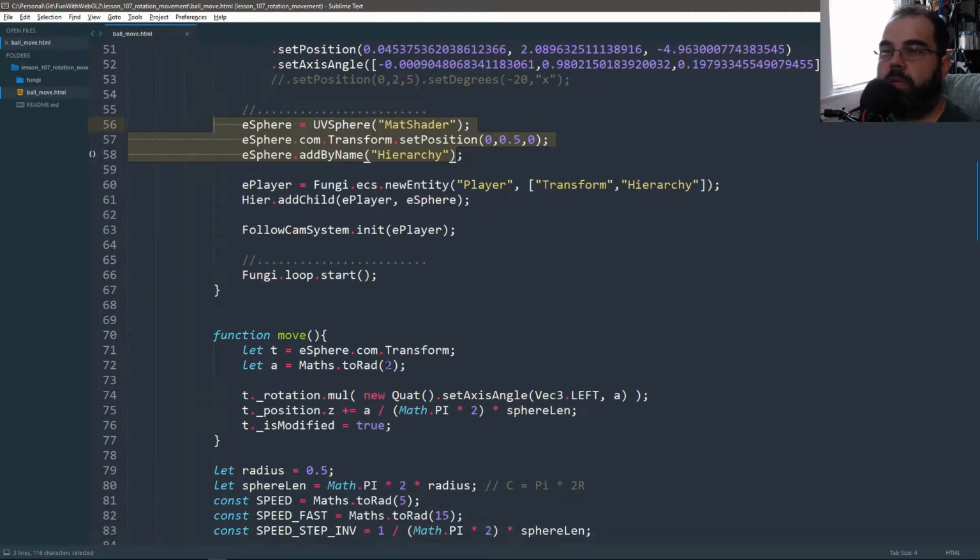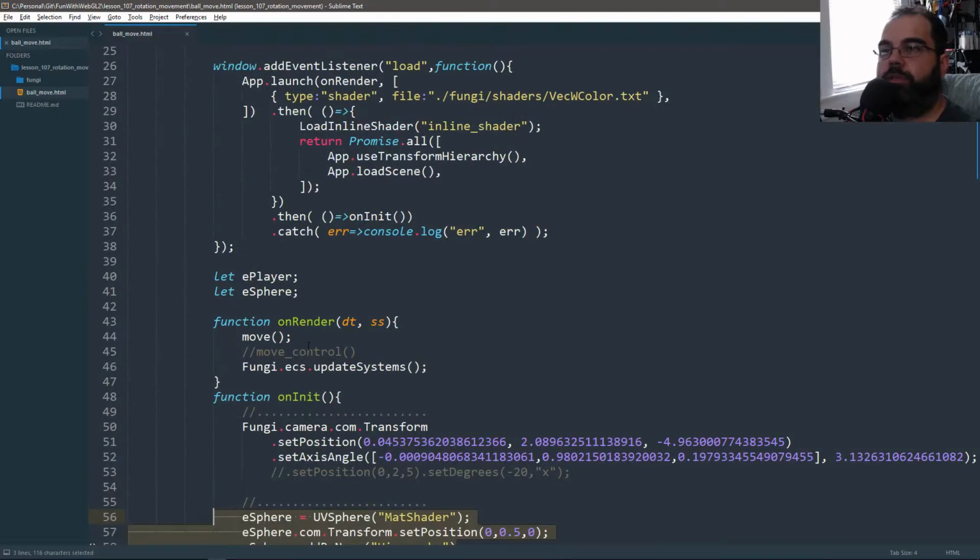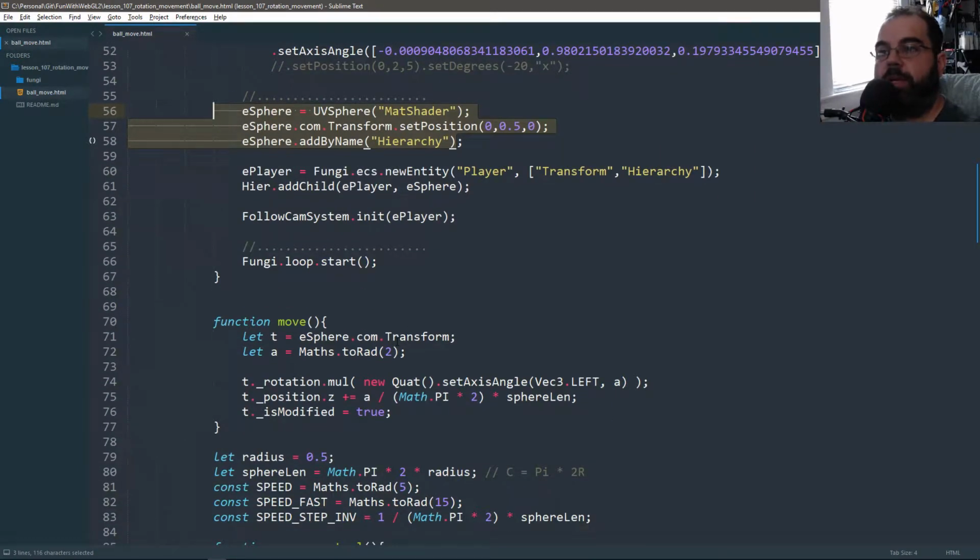And so the first function we're going to look at is very basic. We're going to move 2 degrees at a time, every frame. We end up calculating a rotation angle for it, using the left, which is x, and we want to set the angle.